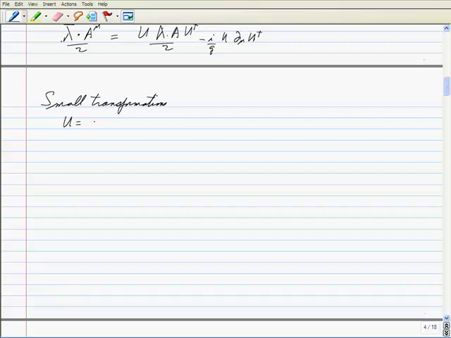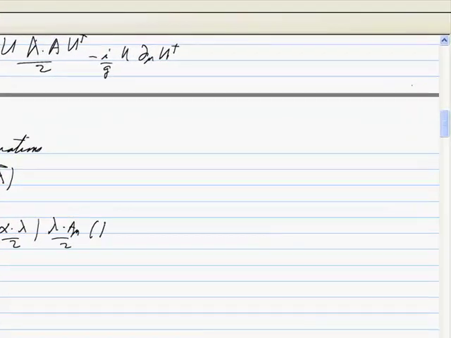For small transformations, U is 1 minus alpha dot lambda over 2 of I. So that lambda dot A prime mu over 2 is then 1 minus I alpha dot lambda over 2, lambda dot A over 2, 1 plus I alpha dot lambda over 2.